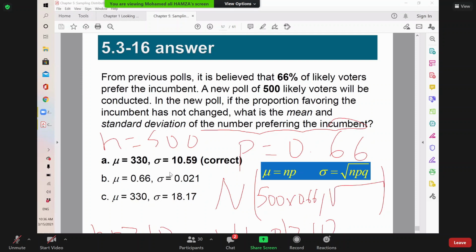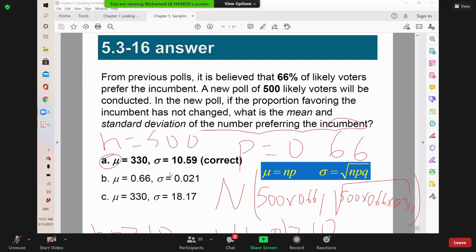The standard deviation is root 500 times p, which is 0.66 times 0.34, because 1 minus p is equal to 0.34. Then this is the standard deviation, equal to this value.